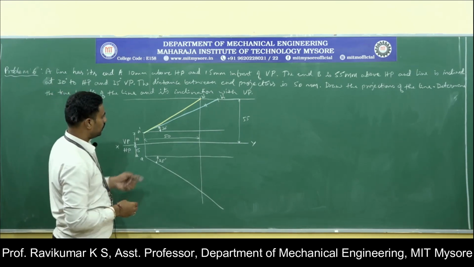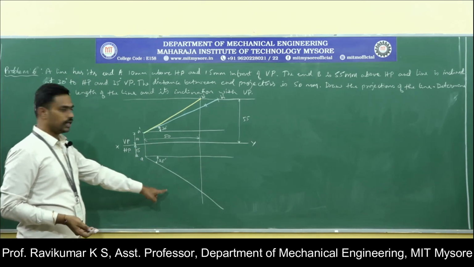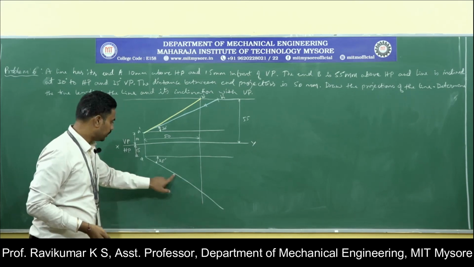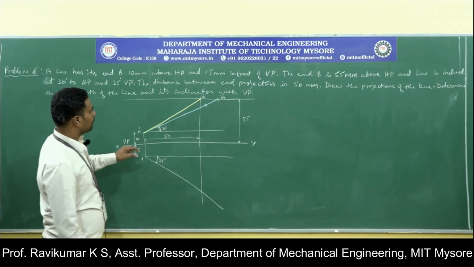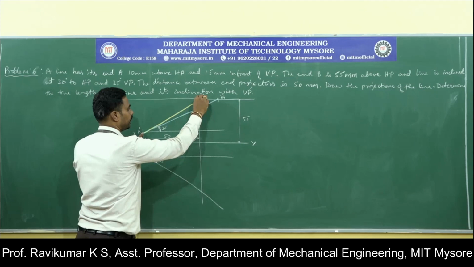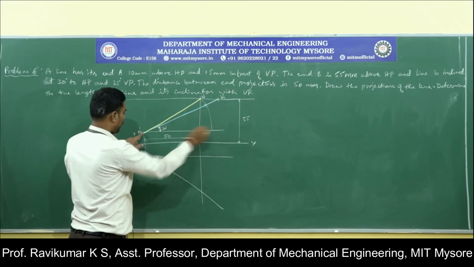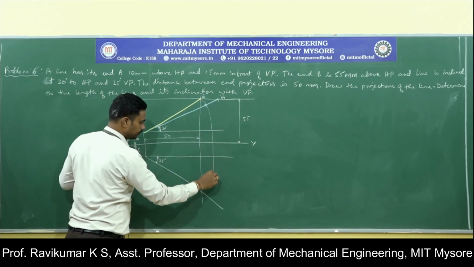Similarly, you need to get the true length and apparent length in the other view. Here you have got the true apparent length, but there you have the true length and you don't know the distance. So you rotate this A dash B dash, make it parallel, and from here drop a perpendicular.